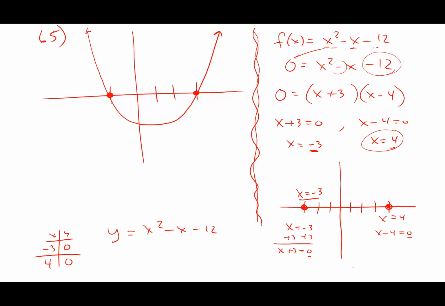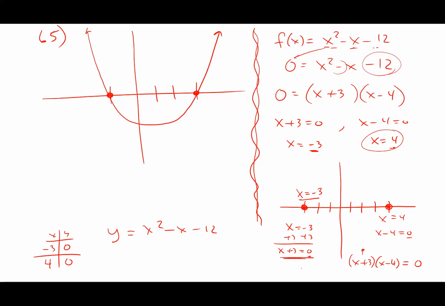So the question is this. If I were to multiply x plus 3 with an x minus 4, what would be the answer? I'm thinking a little differently here. Tell me if you guys agree. What is x plus 3 equal to?